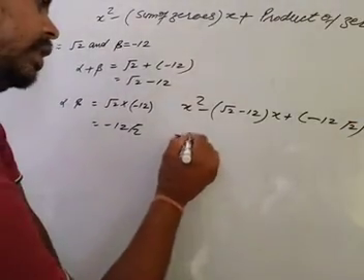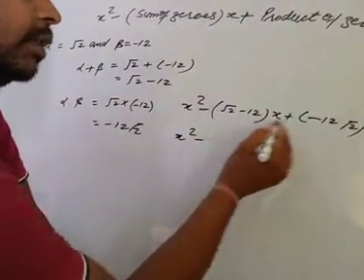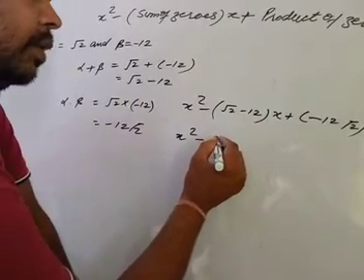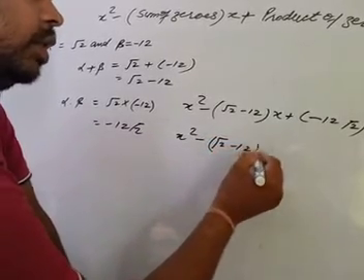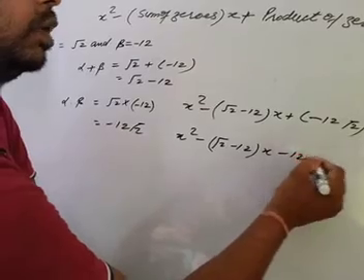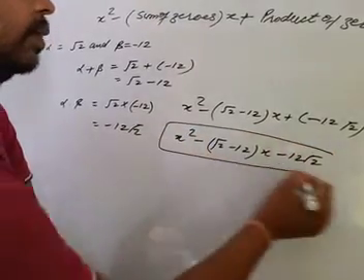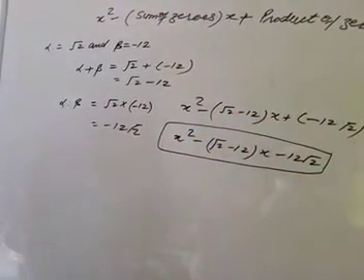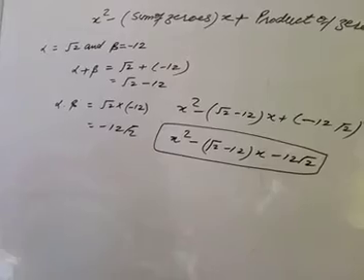So it will be x square minus (root 2 minus 12) into x, minus 12 root 2. This will be the quadratic polynomial if these are the zeros. So the overall conclusion is there.